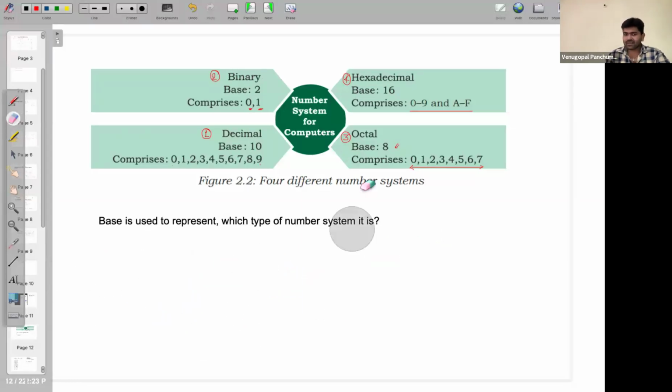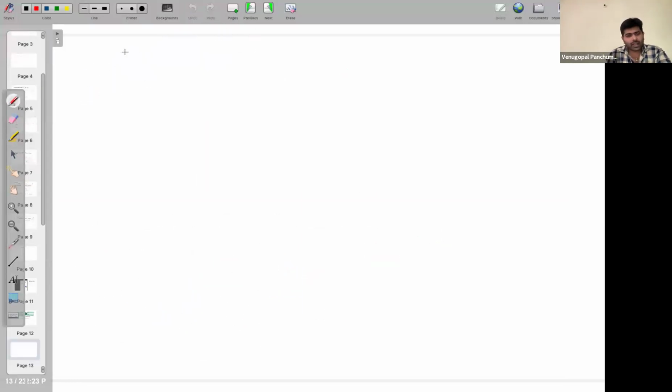Now let's understand. If, for example, Anjali says to Lokesh that she needs this much rupees, then what will Lokesh think? She required 1011 rupees, if she did not put a base.